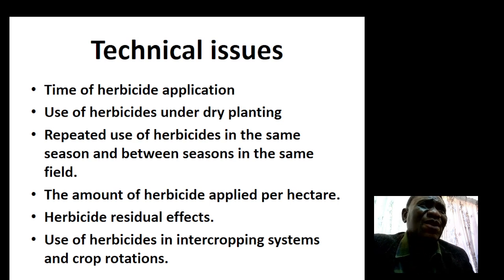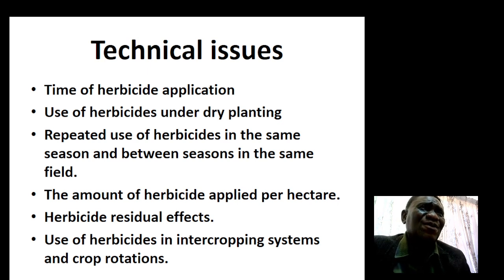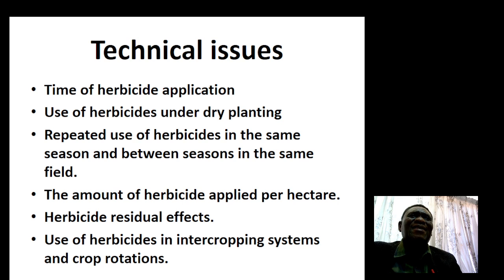Now, the technical issues which were of concern to farmers was the time of herbicide application, especially use of herbicides under dry planting. Sometimes farmers would plant under dry conditions. They wanted to know if they could apply herbicides.